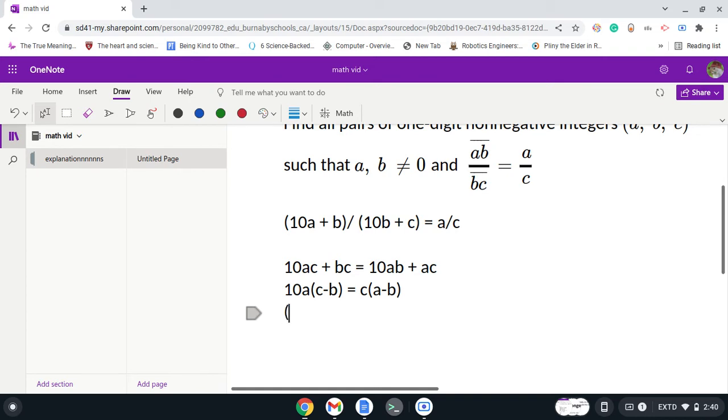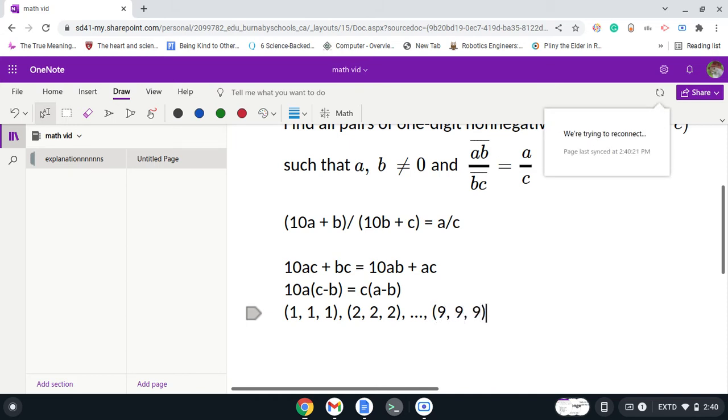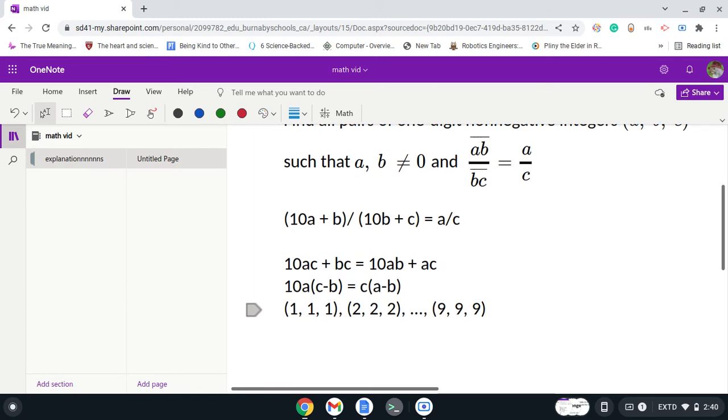So this means that all the triples 1, 1, 1, 2, 2, 2, all the way to 9, 9, 9 are solutions.